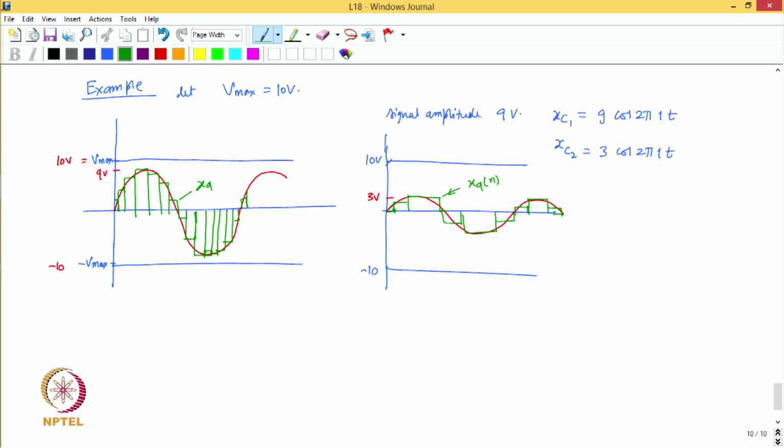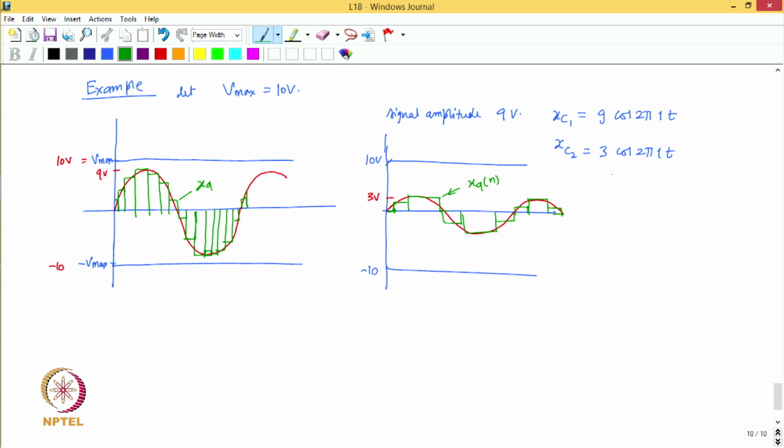So, here what is going to happen, the signal amplitude is much less than the maximum voltage that is permissible, and therefore, the quantization error is much larger. Okay. The quantized signal does not follow or represent the shape of the continuous signal accurately.